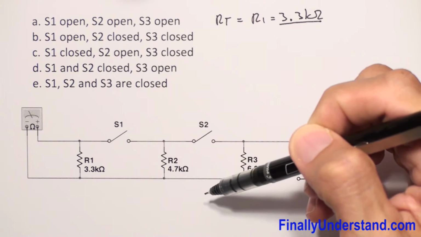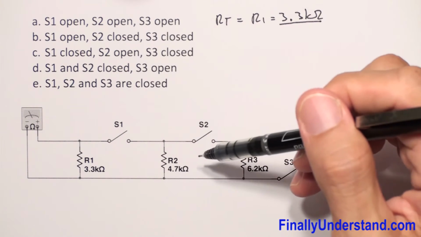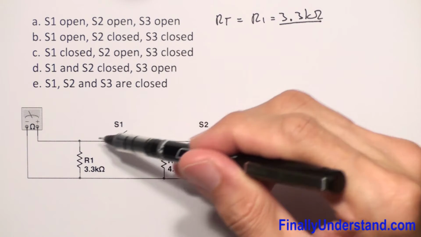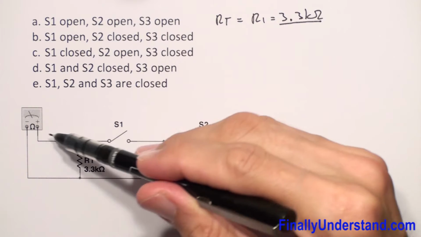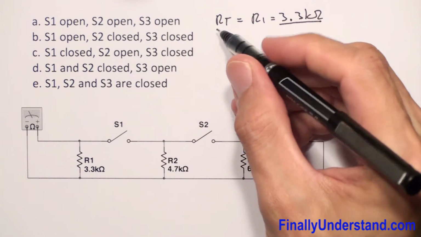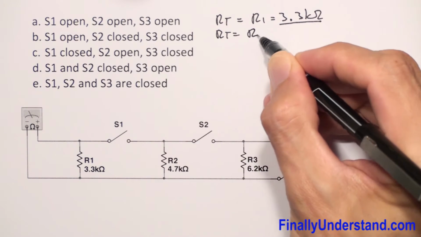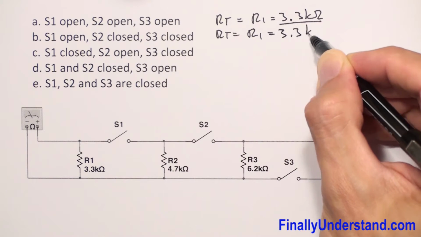So it means that no matter what happened over here, this is not going to affect the total resistance, because this switch is open. Current is not flowing further than by this resistor. Okay, so again, for part B, R total is equal R1, and this is equal 3.3 kilohms.